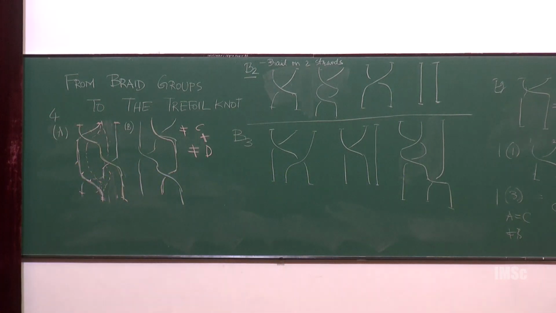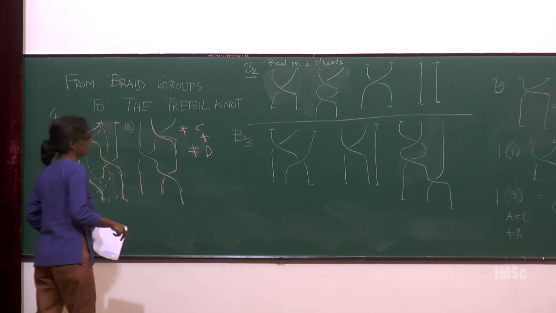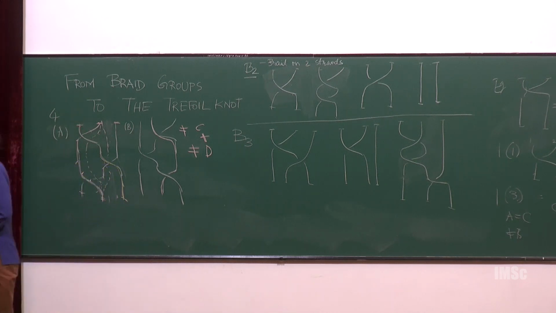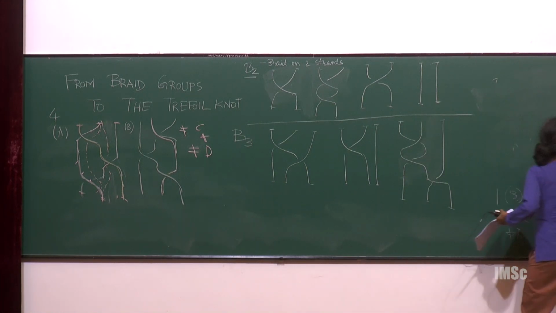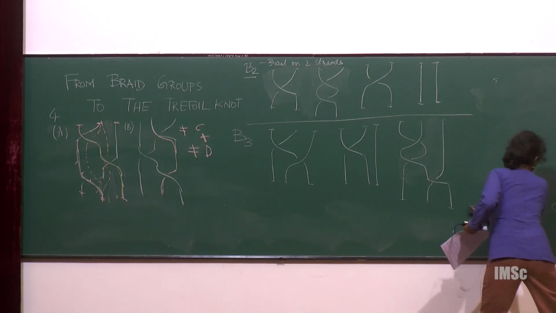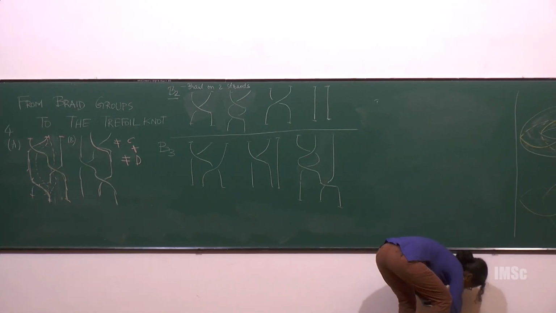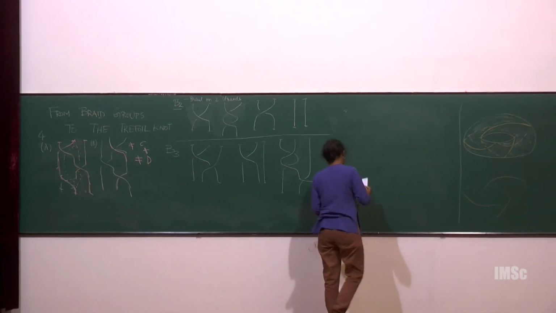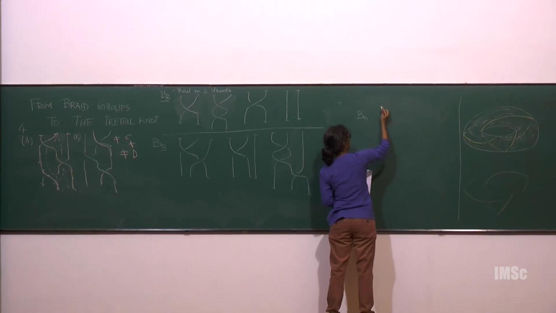Okay, so let's move on. So now we know what the set Bn is. We have defined Bn as the set of braids.